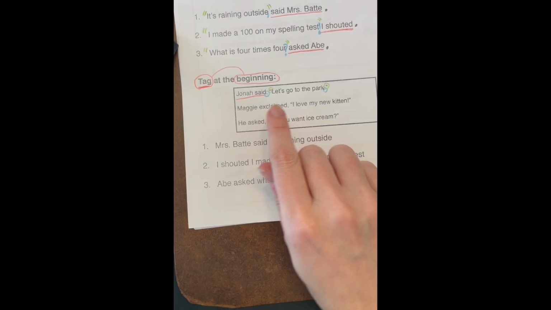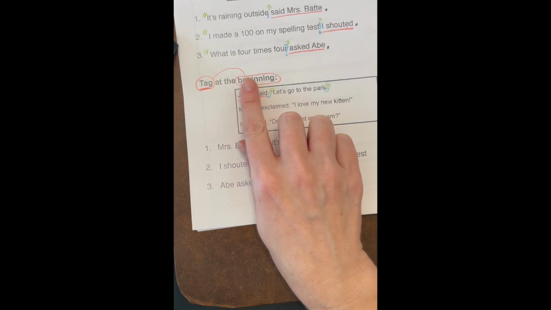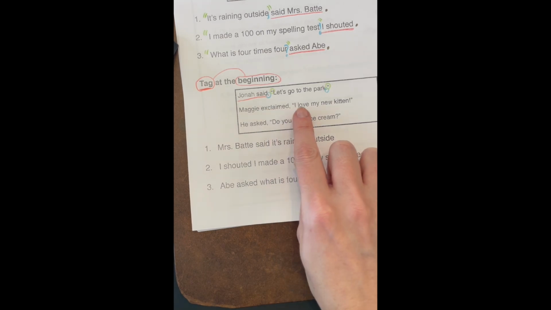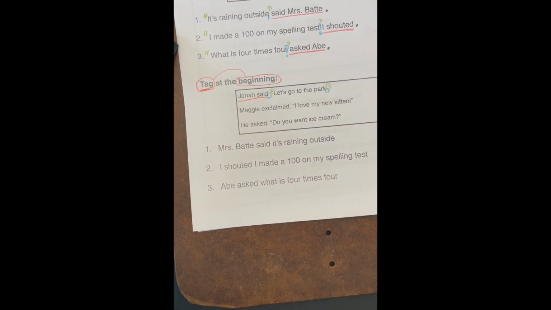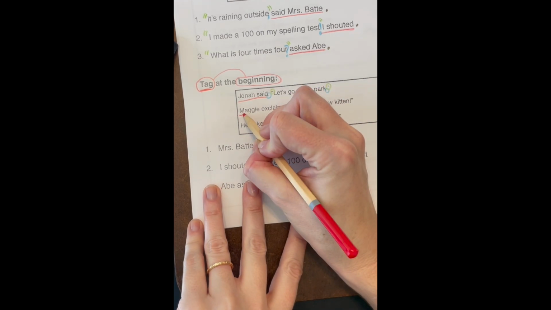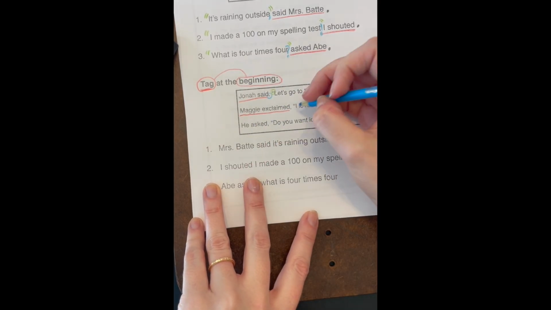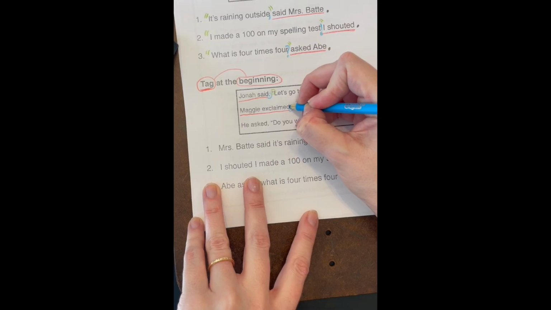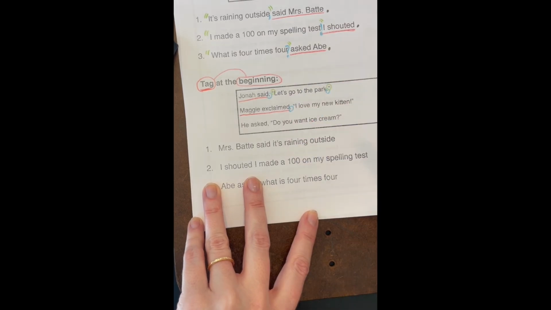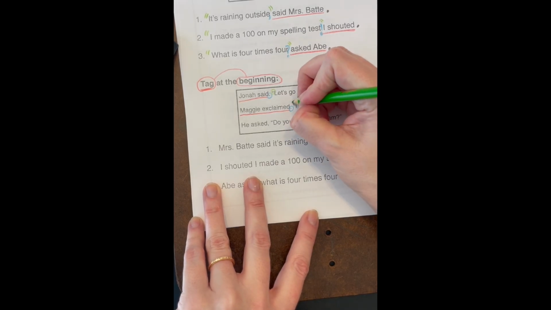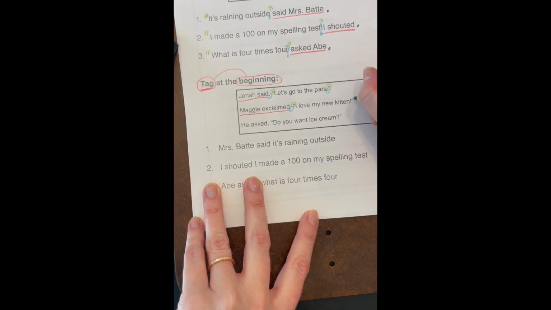Let's look at the next one. Remember, the tag is at the beginning in these. Maggie exclaimed, "I love my new kitten!" Well, the dialogue tag is here. Maggie exclaimed. After the tag, if it's at the beginning of the sentence, we're going to put a comma there. And then when she speaks, we need quotes around that.